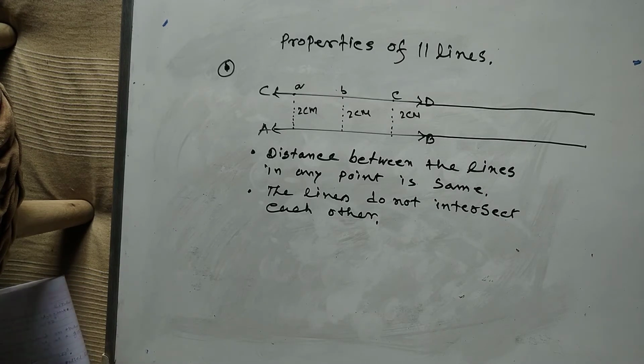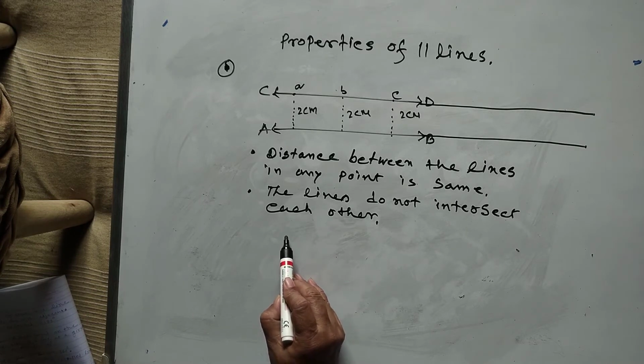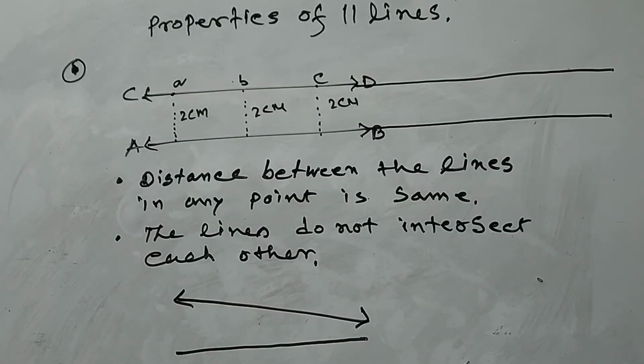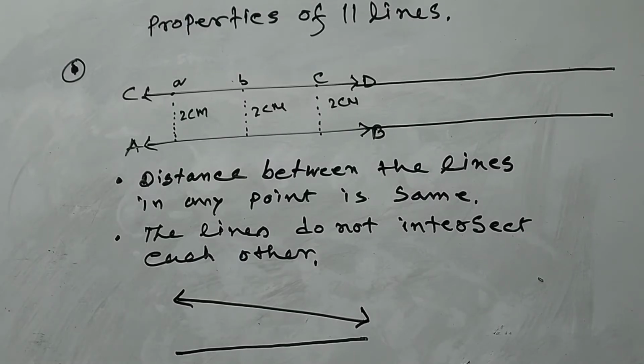Okay, but if a line is like that, there are two lines, say AB and CD, but according to the features of parallel lines, they are not parallel lines, because the distance or the gap between the lines here and here is not the same.